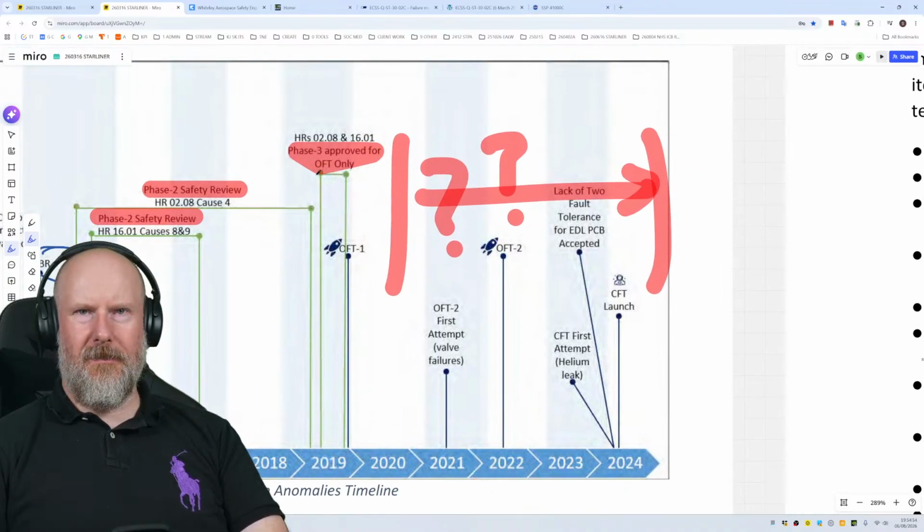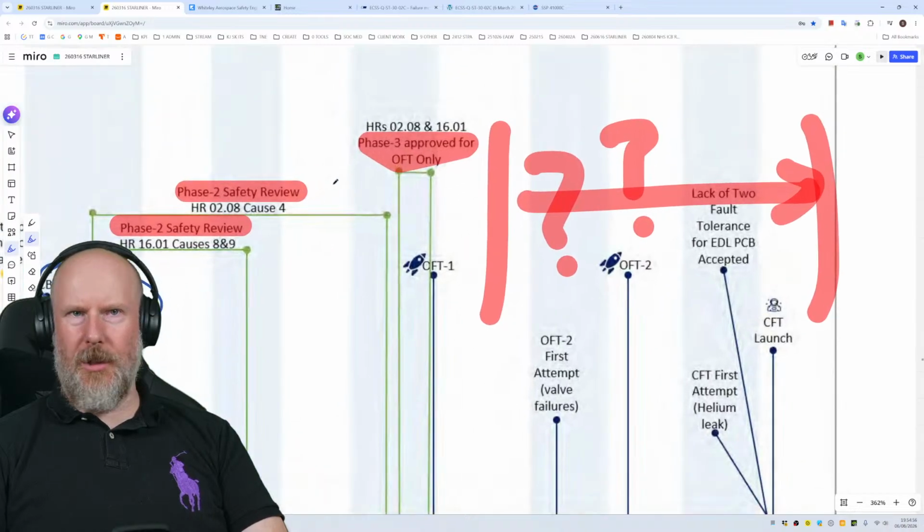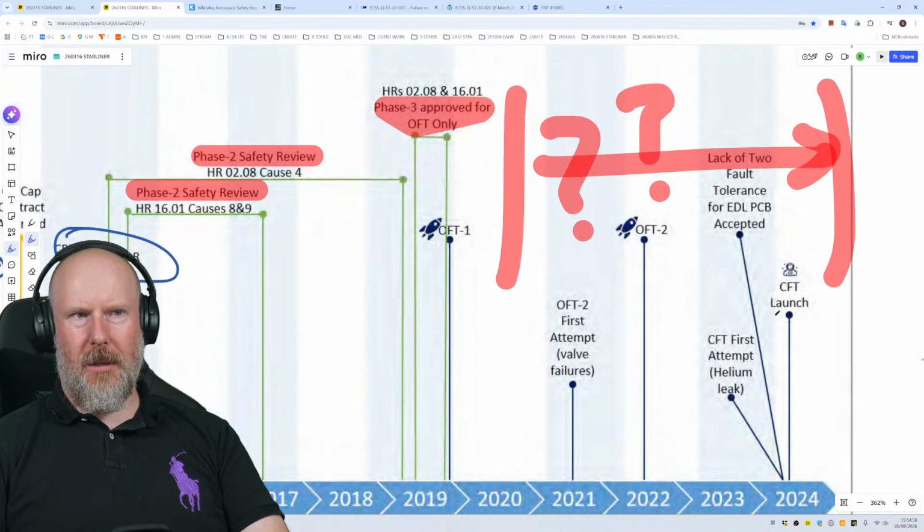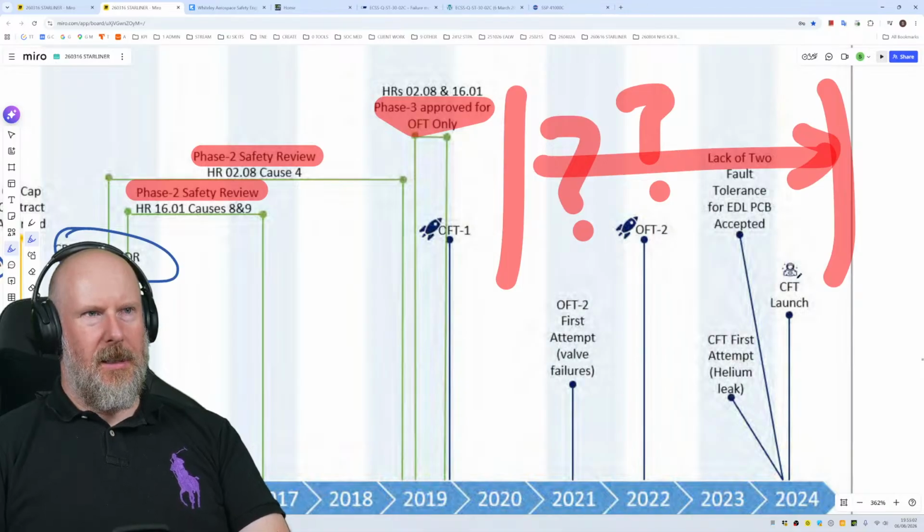Is it that they thought that they'd done all the safety work to include qualification for crew flight? Or is it that they got it done for OFT standard and then they had to do loads and loads of work? But then they had loads of incidents, didn't they? Yeah, there we go, look.